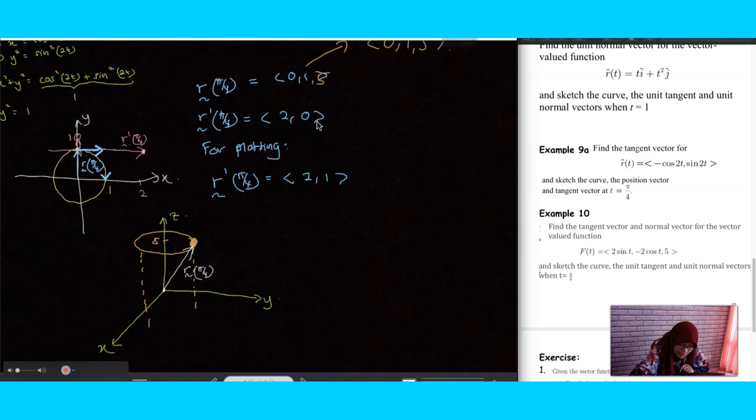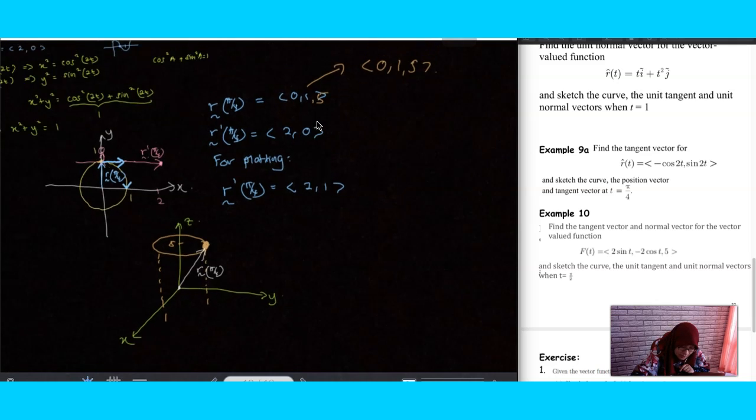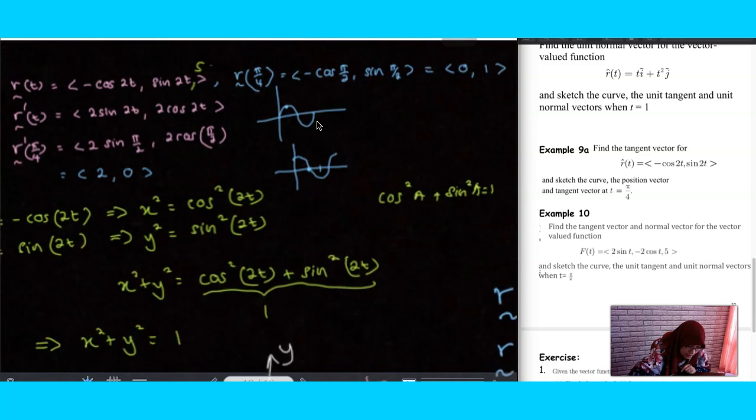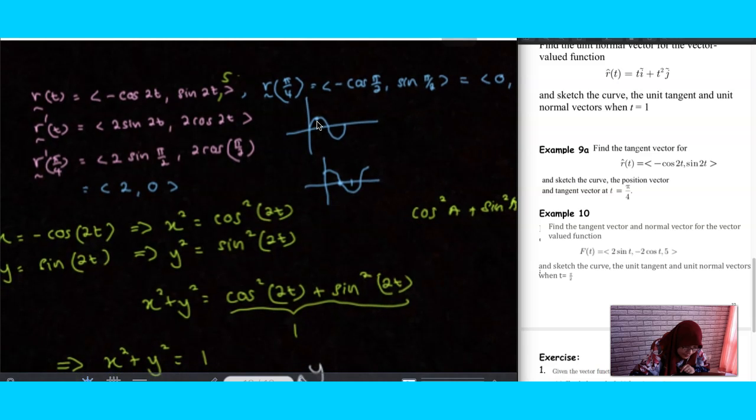So when you calculate that, it should be from here. Your r prime, now that it is differentiated, the z component becomes 0. So when you substitute, here you have 0.